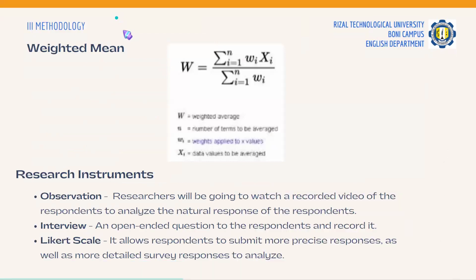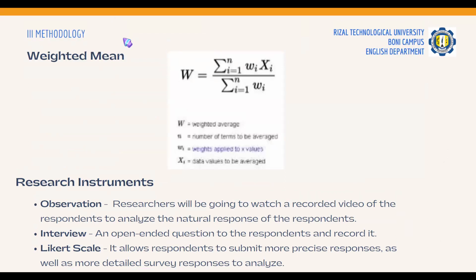For the next one, the weighted mean is used to identify how code switching affects students' communication skills during synchronous class. As you can see in the weighted mean formula, we have the weighted average, the number of terms to be averaged, the rates applied to the x values, and the data values to be averaged. That's all.